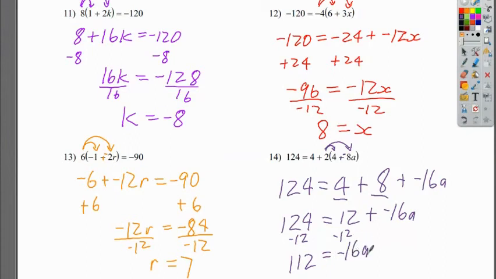And the opposite of multiplication is division, so we'll divide both sides by a negative 16, remembering that on the left-hand side here, a positive divided by a negative will give us a negative. And there we go.